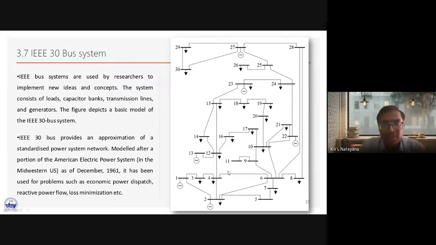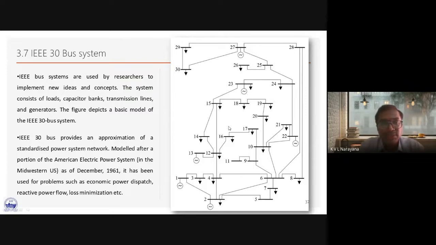The circles represent the generators, which may be thermal based or gasoline based. The downward arrows represent the loads, and the horizontal bars denote the nodes connecting branches. These are the branches, the lines connected between the horizontal bars.